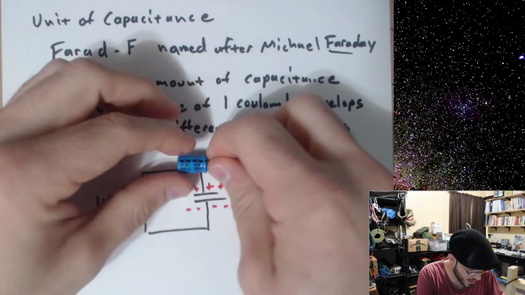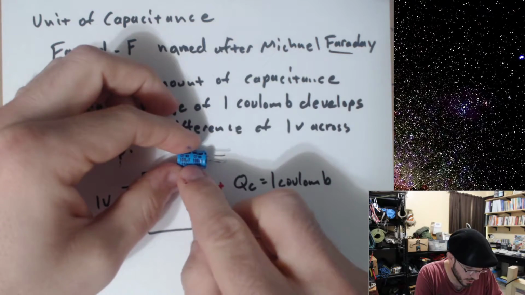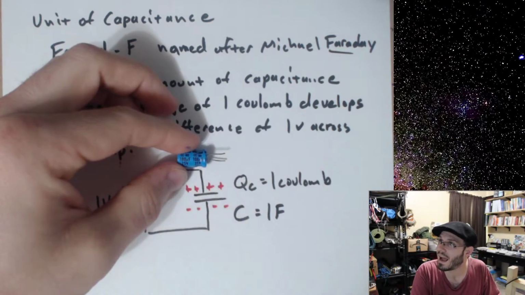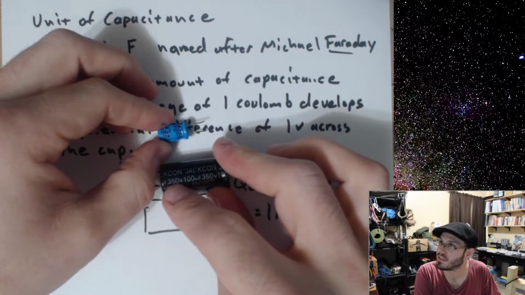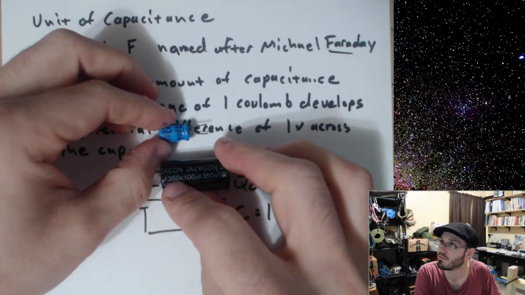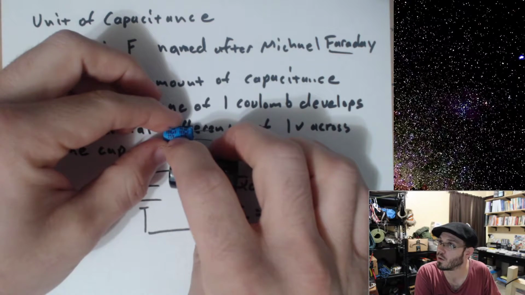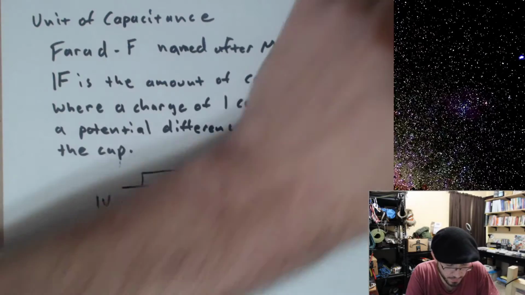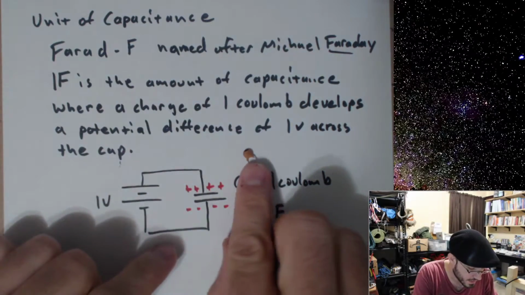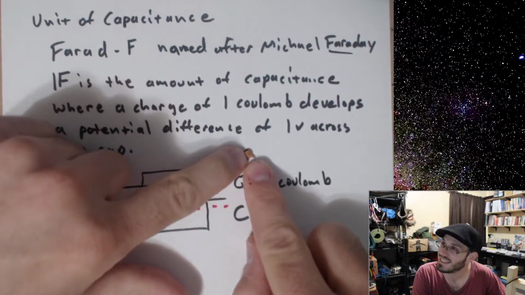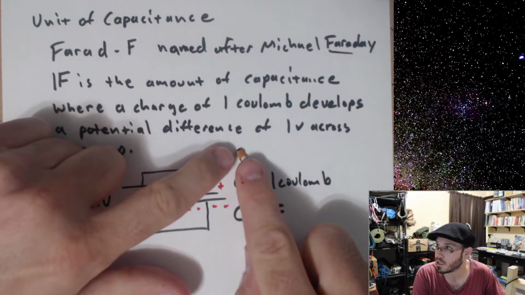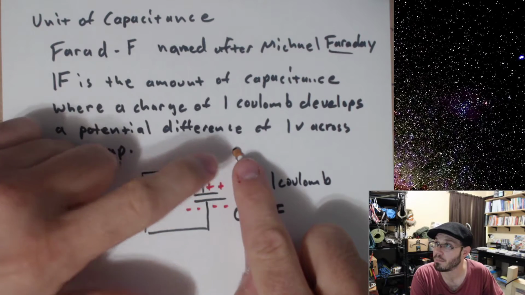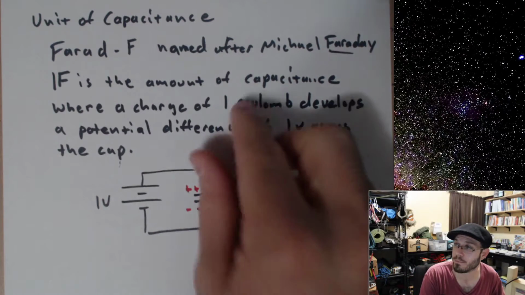This cap over here is 100 microfarads as well. However, this capacitor can safely do 350 volts, whereas this one can only do 25 volts. And if I go to one of these smaller ones, these ceramic capacitors, this is actually 10 picofarad, which is much, much smaller. Pico is 10 to the minus 9.